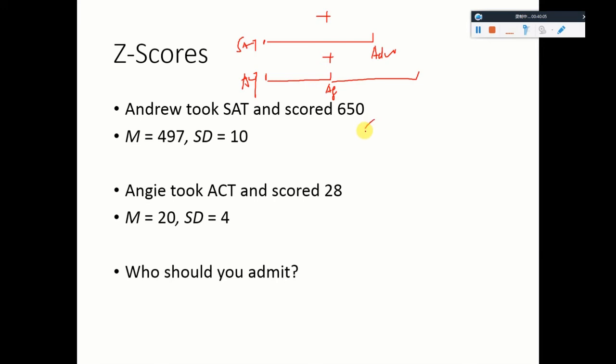So 650 minus the mean, divided by 10. What is it? Let me check.